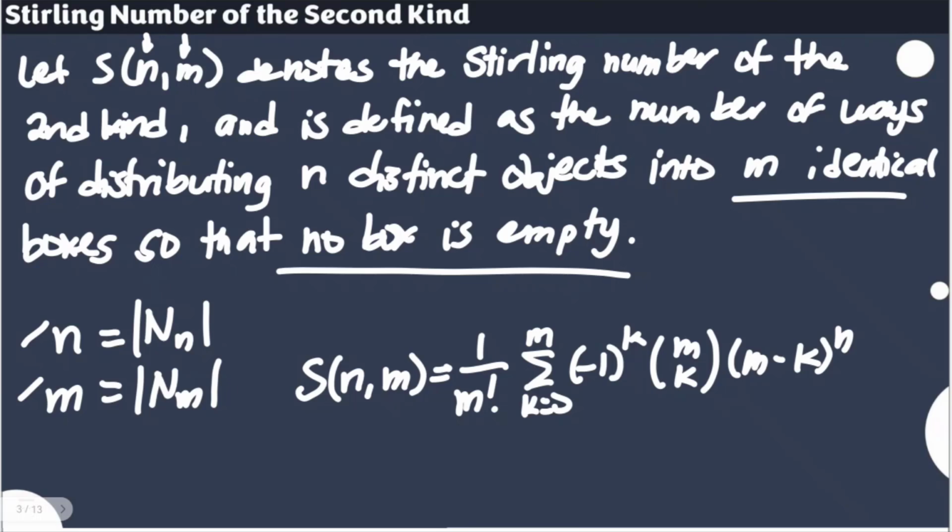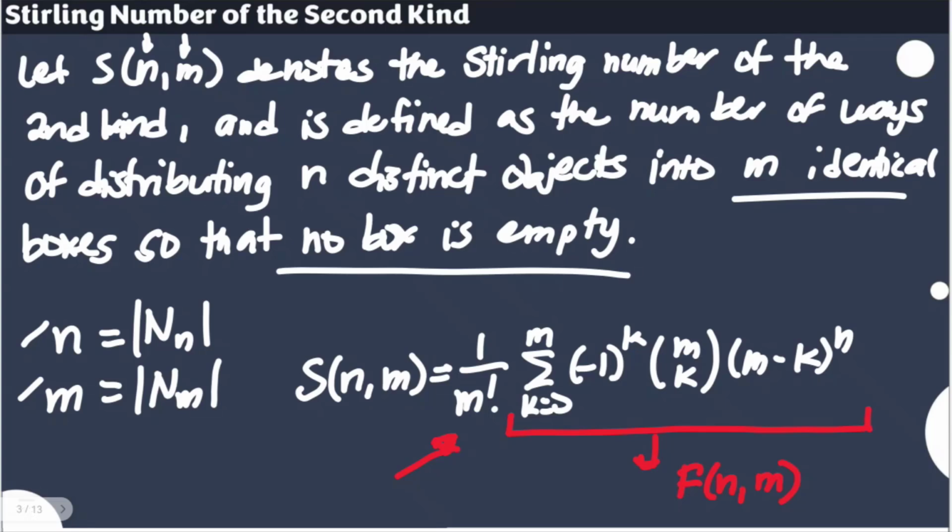Now, before we end this video and proceed to the properties and some examples later on, I would like to take your attention to this portion here. If you can still remember, this is actually the formula for the number of surjective functions or surjective mappings in the previous two videos. Why do we have this as a factor for it to become Stirling of the second kind?